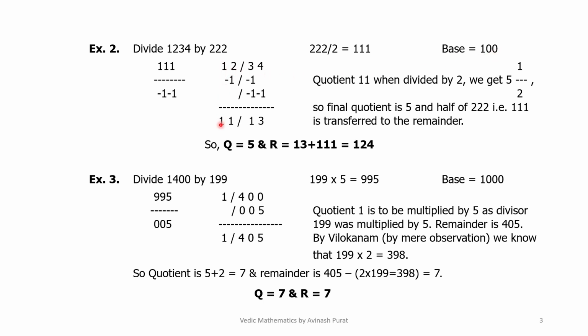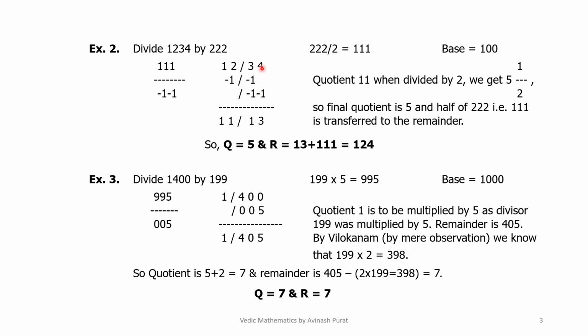So 1 brought down, 1 multiplied by -1 -1 equal to -1 -1. 2 plus -1 is 1, 1. So again 1 multiplied by -1 -1, that is written after the stroke.